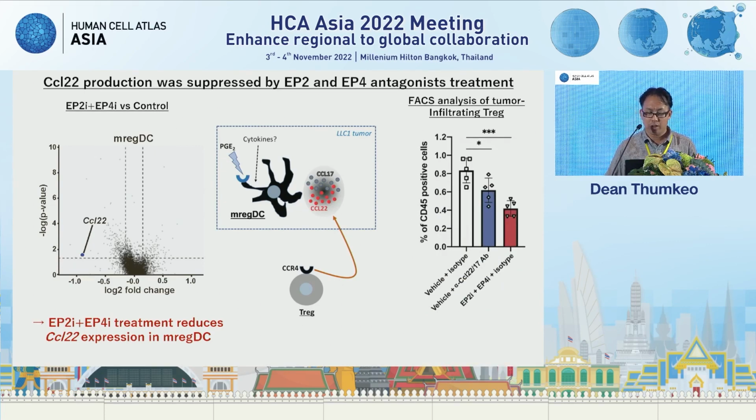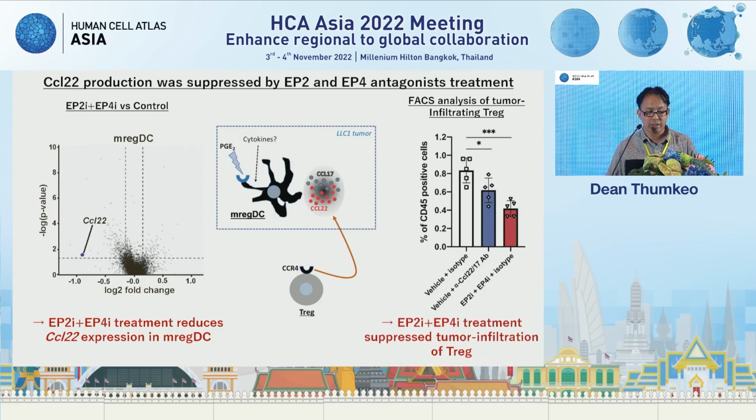The red bar represents the number of tumor-infiltrating Treg cells in the EP2, EP4 antagonist-treated tumor-bearing mice. You can see, in comparison with the white bar of the control, the number is significantly suppressed in the EP2, EP4 antagonist-treated mice.